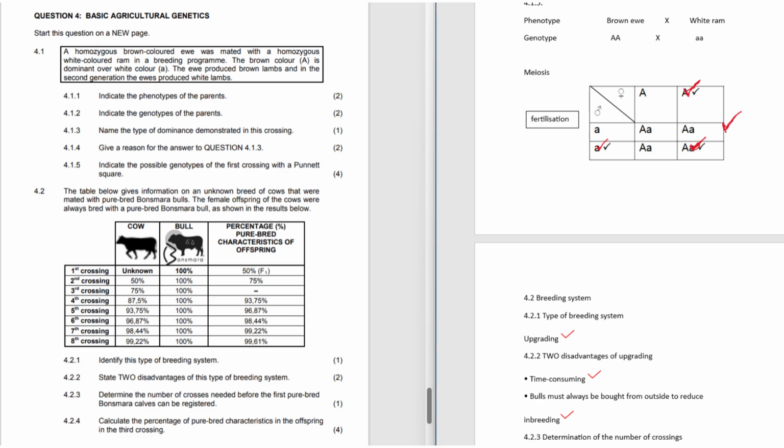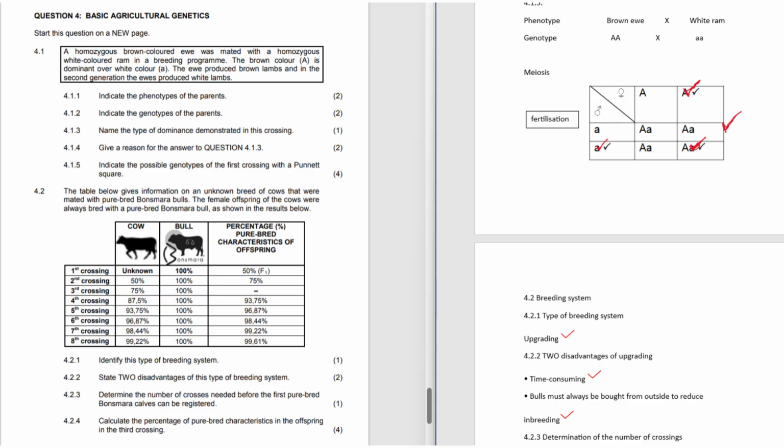Then you have to show meiosis, the gametes separating, fertilization, the actual crossing, and the offspring.